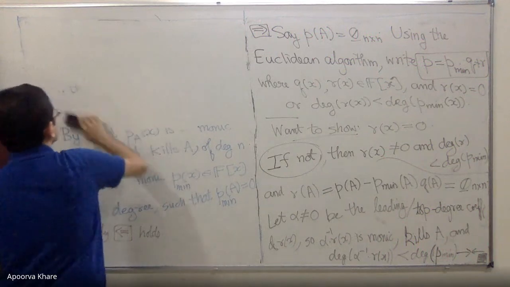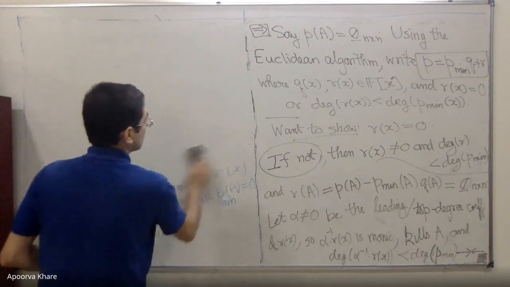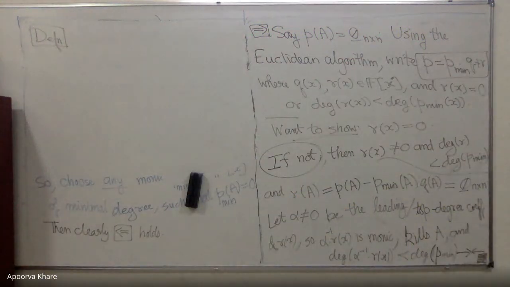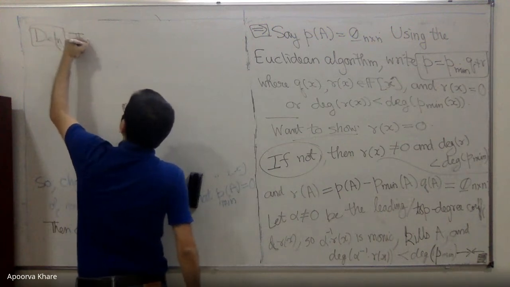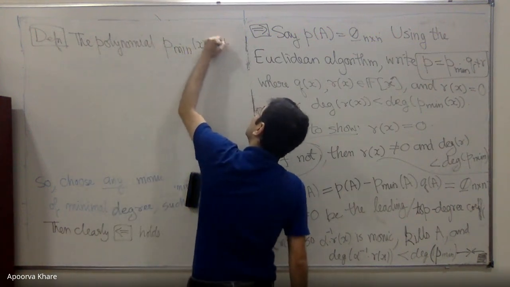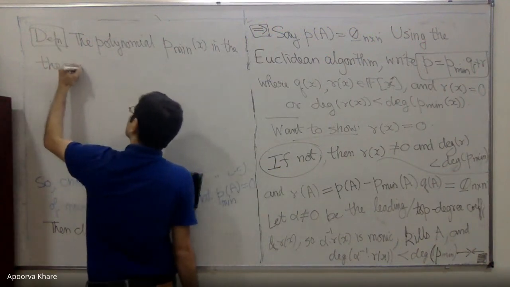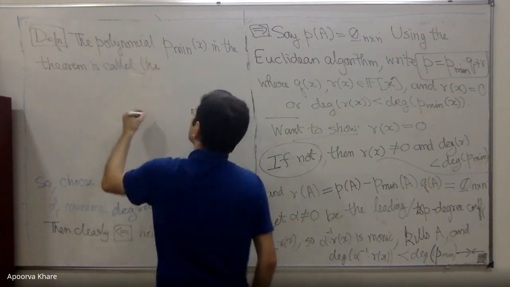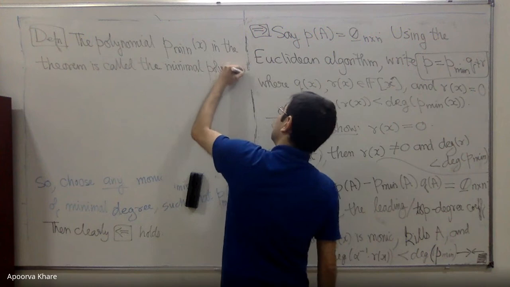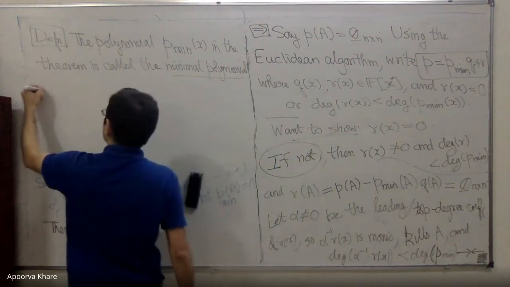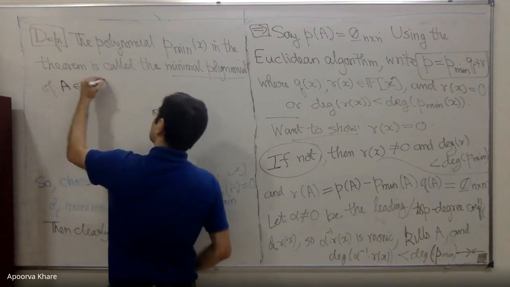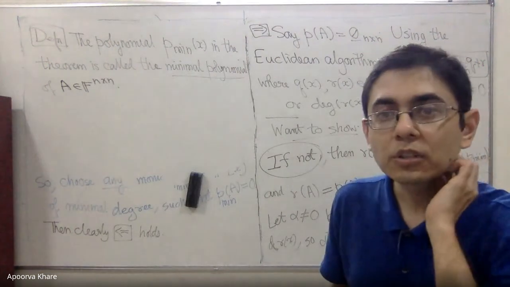Definition: the polynomial P min in the theorem is called the minimal polynomial of A.